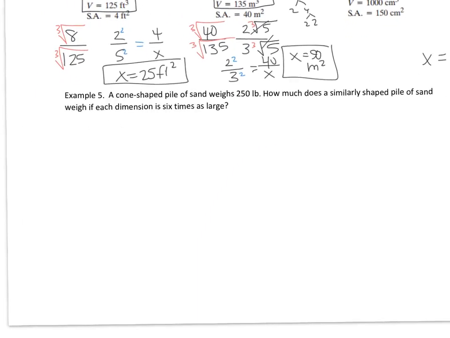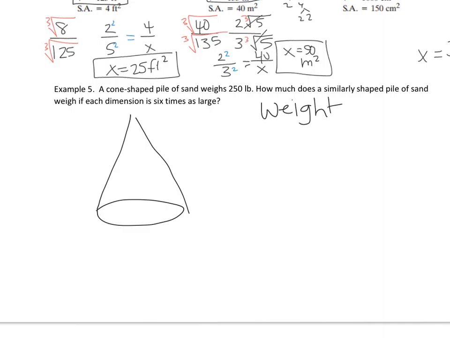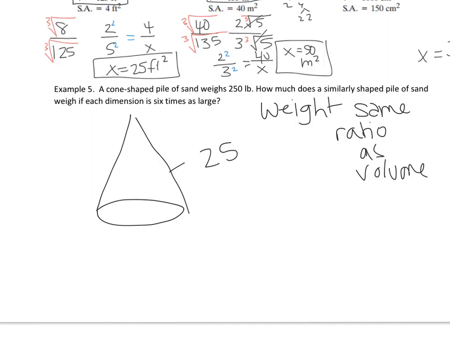Okay, so last one. A cone-shaped pile of sand weighs 250 pounds. So weight is going to have the same ratio as volume. So this pile weighs 250 pounds.